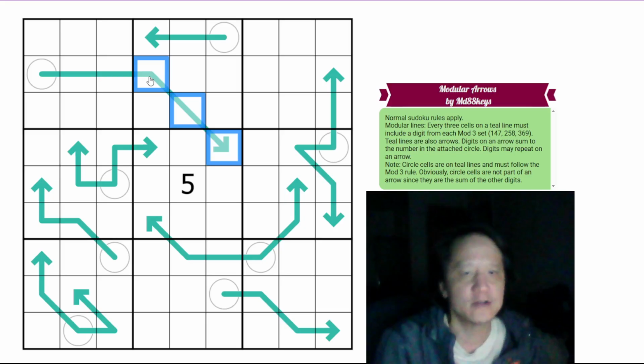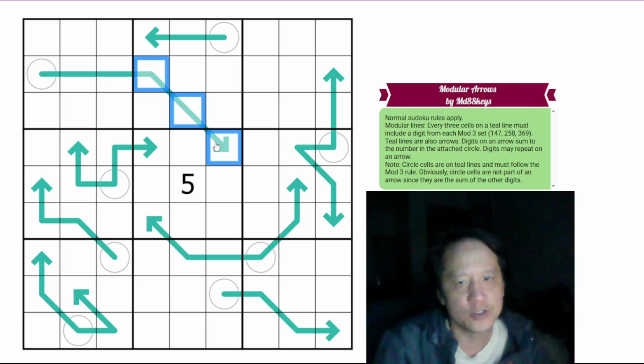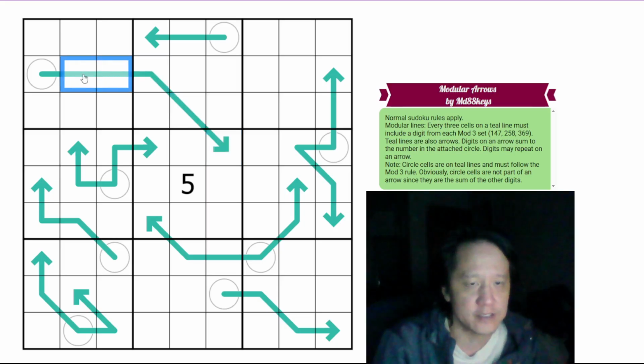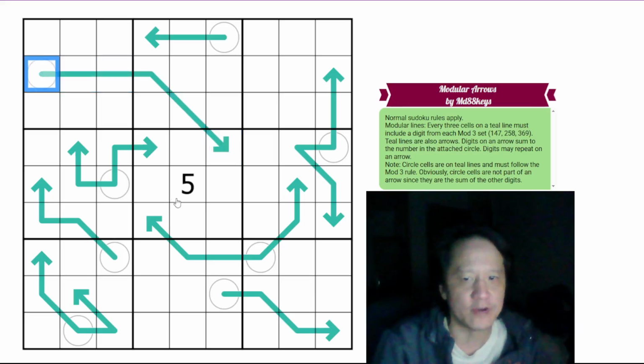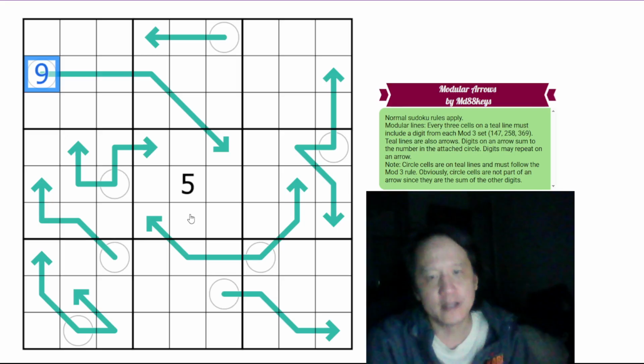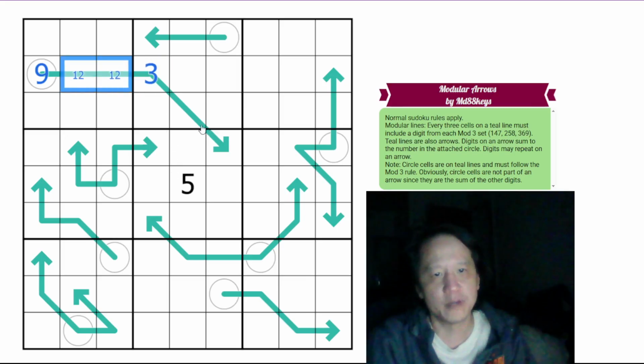So this is guaranteed to be some sort of 1, 2, 3 at minimum, which adds up to 6. And this is at minimum 1 and 2, which adds up to 9 at minimum. Therefore, that's the only digit we can have here. So this must be 9, which is in the modular set 0 mod 3. So this must be 3 here, and these are a 1, 2 pair.